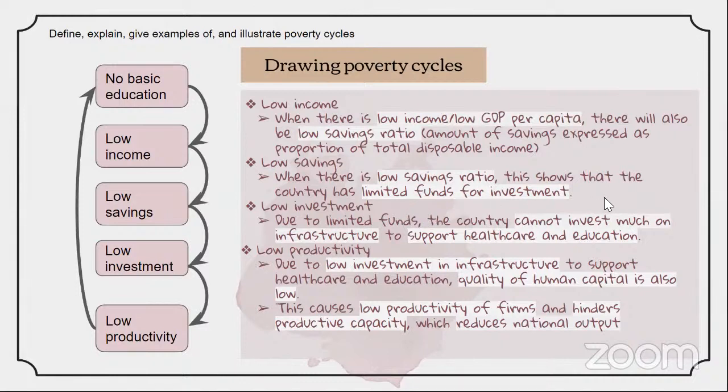So the next point, low investment. Due to limited funds, the country cannot invest much on infrastructure macam to support healthcare and education. So macam dia country tu sebab there's not a lot of savings in the bank, so macam bank pun tidak banyak duit lah probably.